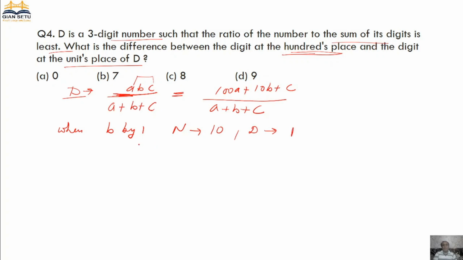Suppose this ratio is R. This ratio will be decreased, right? Now if we increase A by 1, the numerator will be increased by 1, the denominator will be increased by 1, and R will further be decreased.